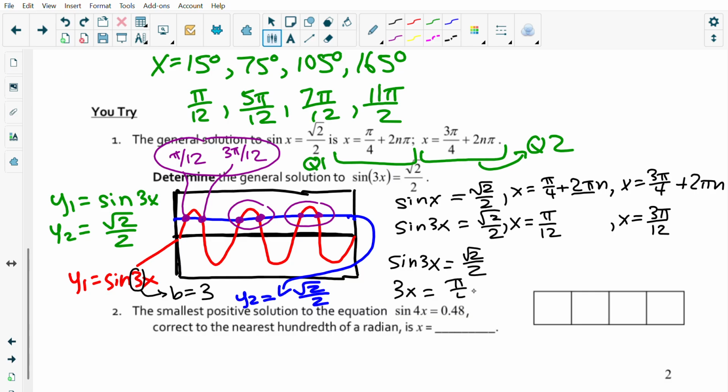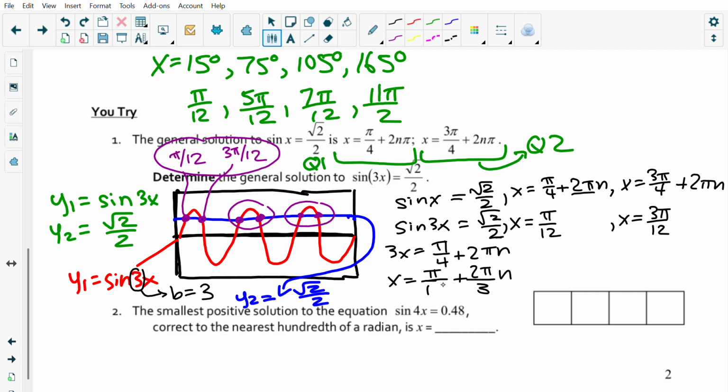Well, 3x equals pi over 4 plus 2 pi n. If I divide both sides by 3, I get pi over 3 times 4 plus 2 pi over 3 n.